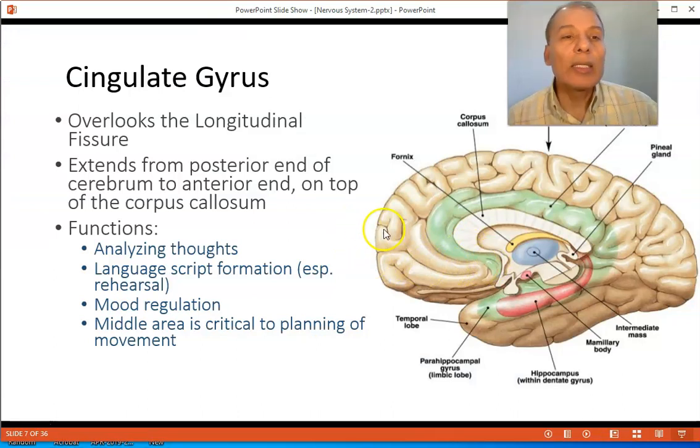The cingulate, you are not going to see it from the surface, but it is part of the cerebral cortex. How do you see it?